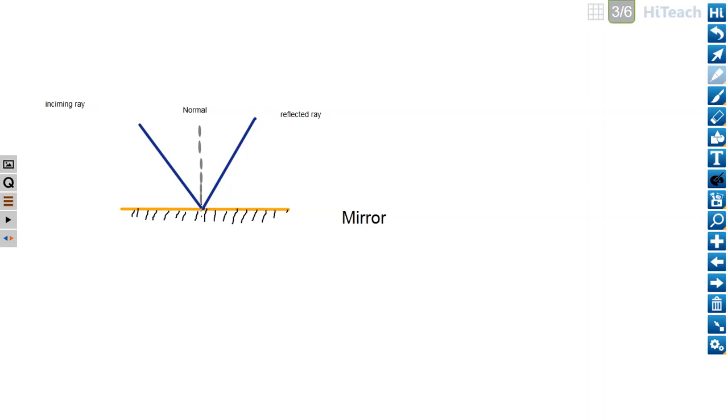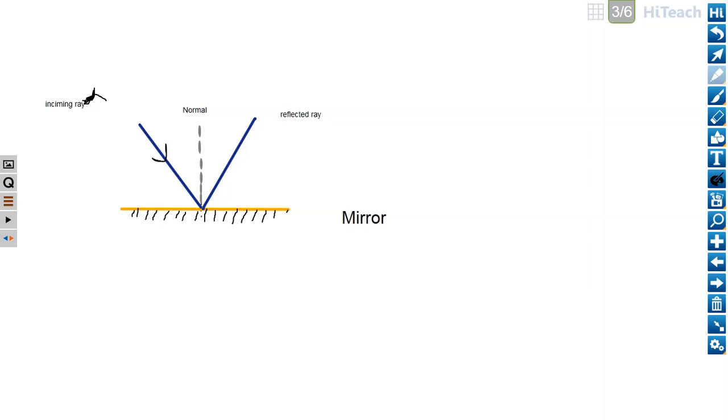Imagine there is a source of light, a light bulb, the sun, whatever. As the light travels in a straight line, the rays of light start to hit the surface of the mirror.